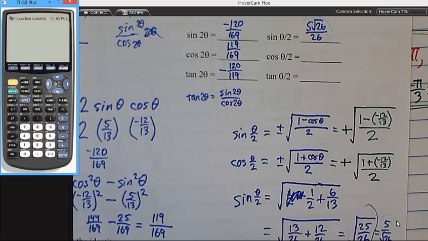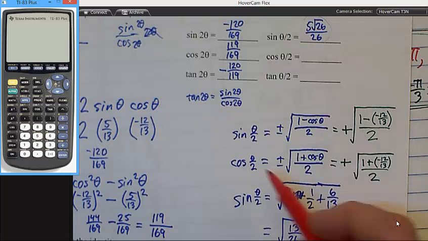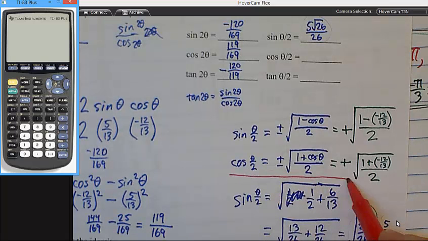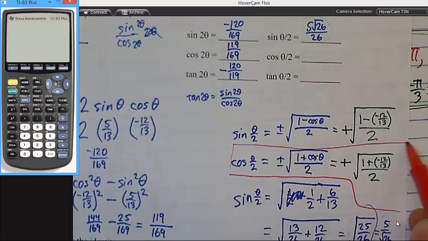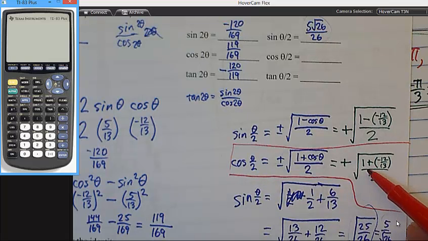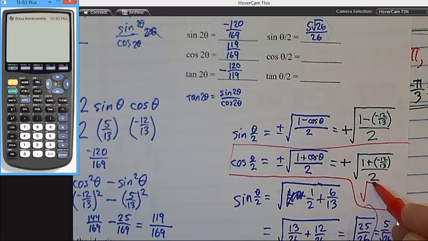Hey, you know what? Cosine's easier. Let me finish the cosine right in here, in red. Cosine, because this is how many thirteenths if you want? 13 thirteenths are here, minus 12 thirteenths, right? So what you really have is the square root of 1/13 over 2 if you want.